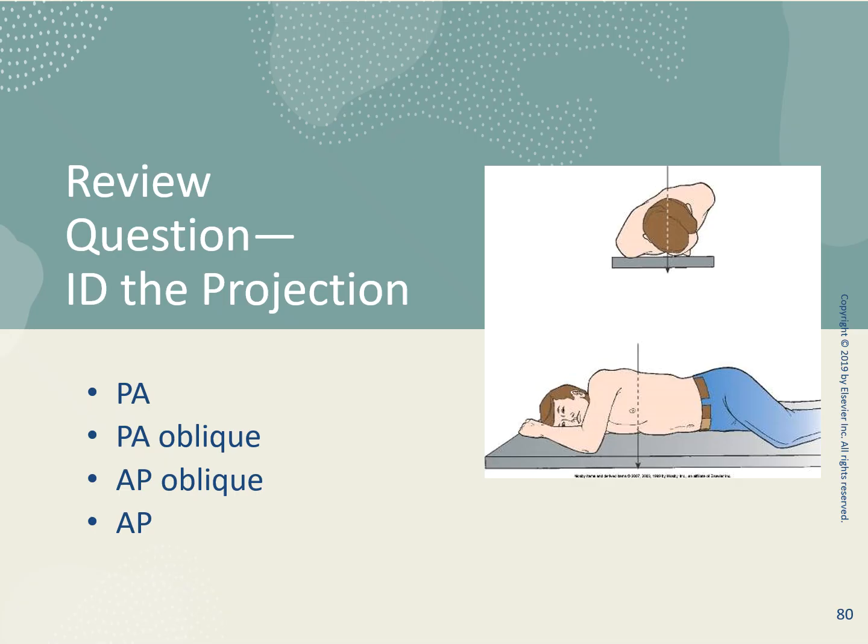So this is where you got to use your imagination. Put yourself in his position. It looks like his right arm or his right side is in contact with the table, but his left shoulder is elevated off the table. Okay, so we would call that an oblique projection. He's actually oblique to the central ray, but the central ray is still mostly entering his posterior, exiting his anterior. So I would call this a PA oblique projection.